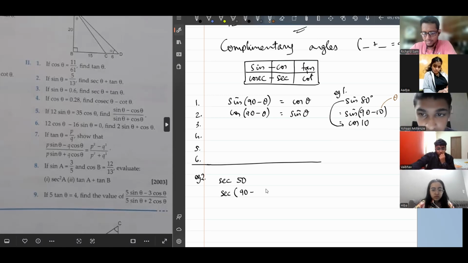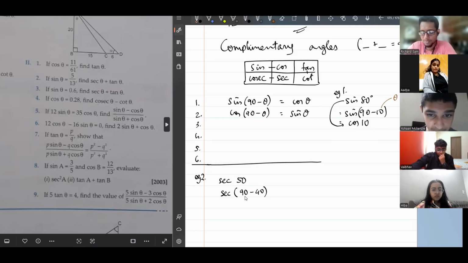Now, Johan, again, tell me what will we do for sec 50? Sec, you write it as sec itself. It will be converted to cosec, so before that, 50 will be written as 90 minus what? 40. Yes, 90 minus 40.